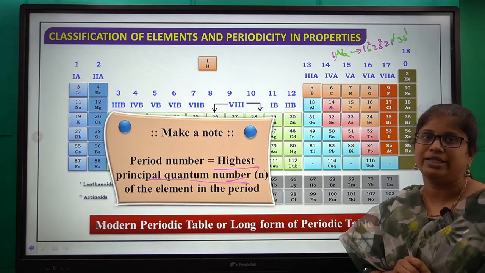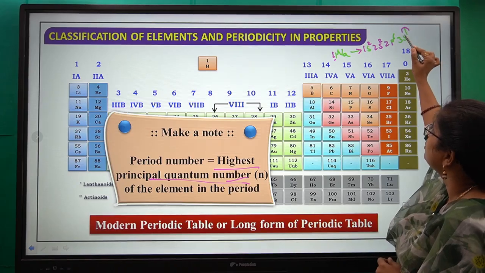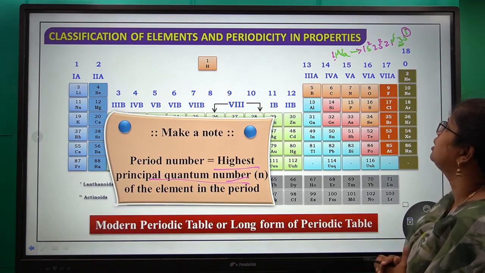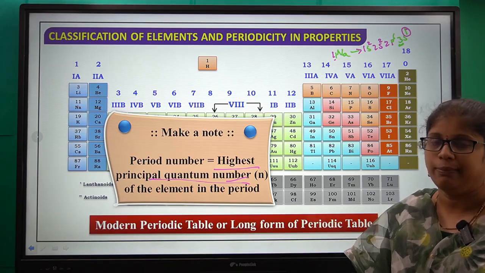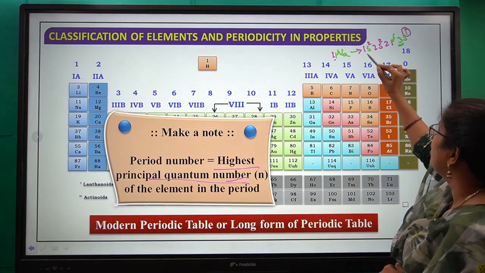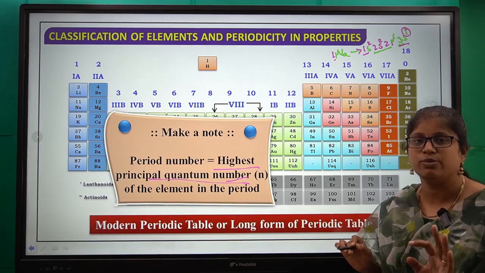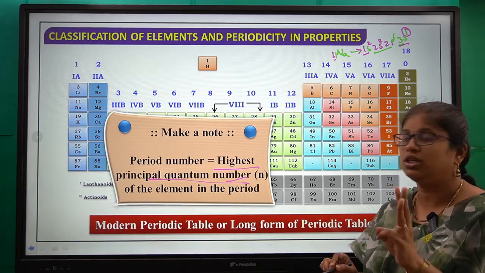So that's why we should write 3s1. Now which one is the last electron? This one. So the last electron entered into which main shell, which orbit? Third orbit. That indicates the principal quantum number. So here in all these 1, 2, 3, which is the highest principal quantum number? 3. So now this element belongs to the third period.